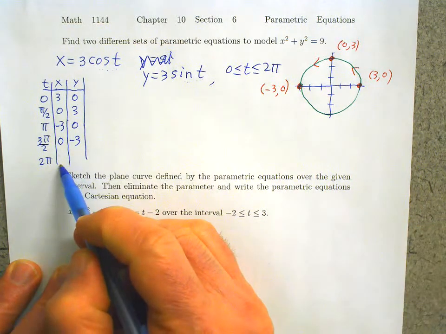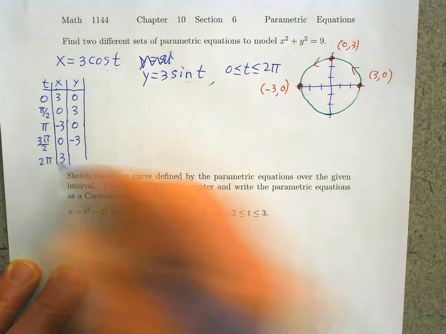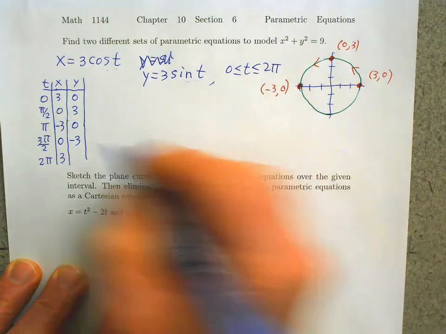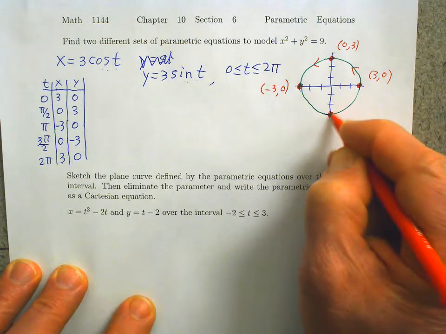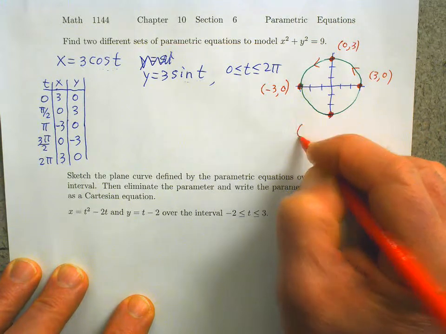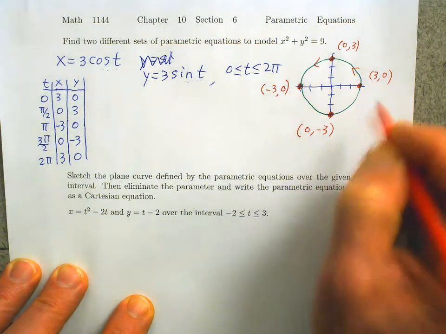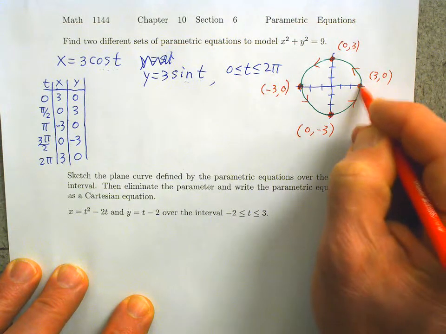And then 2 pi, cosine of 2 pi is 1. 3 times 1 is 3. And sine of 2 pi is 0, so we get 0. So corresponding to t equals 3 pi over 2, we have this point, 0, negative 3. And then at 2 pi, we complete one revolution.